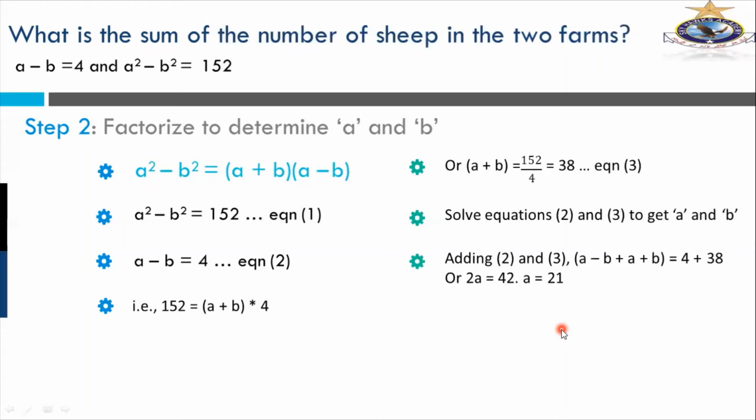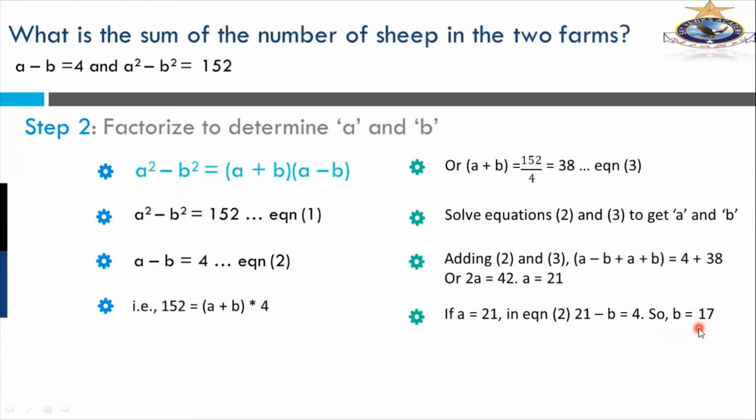So 21 rows, and in each row, 21 sheep. We can get the value of B as well. Putting A is 21 in any one of the equations, we get 17.